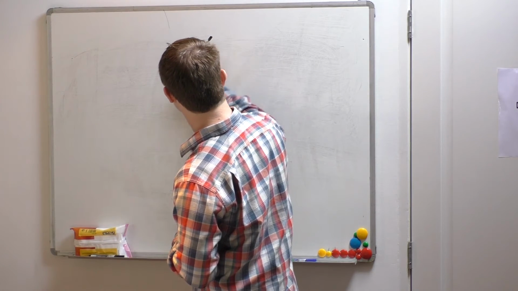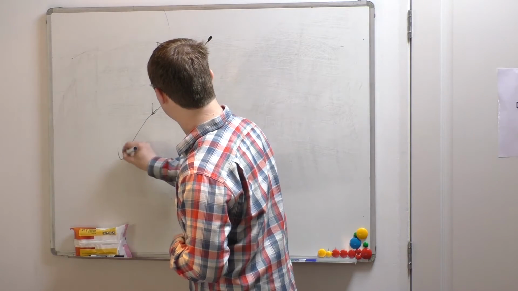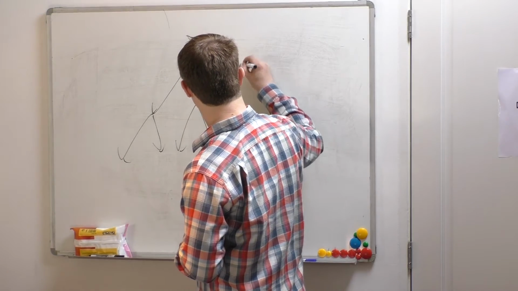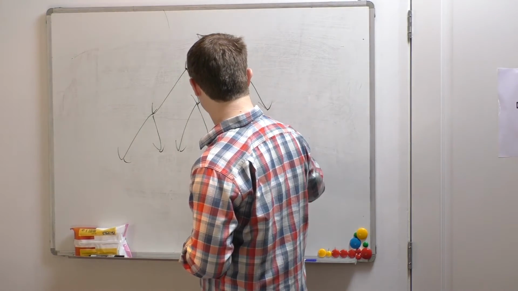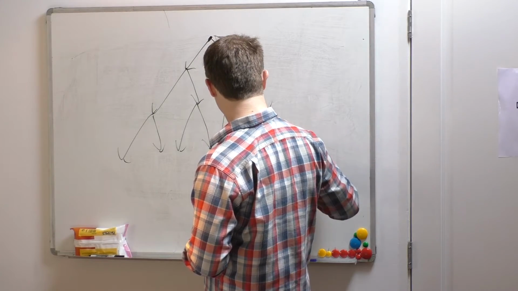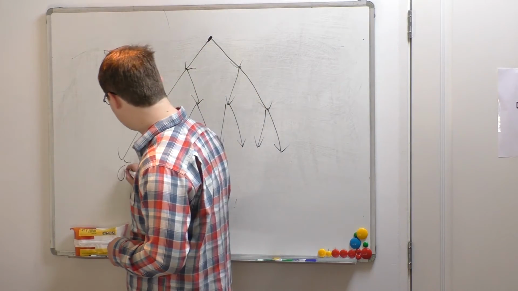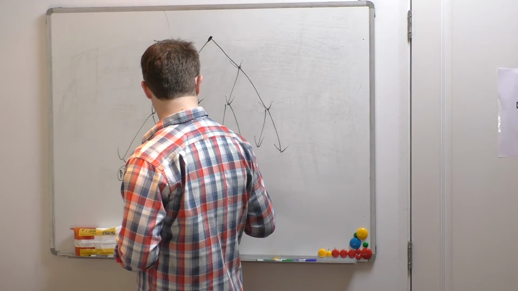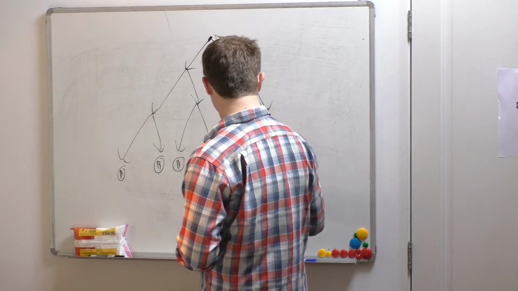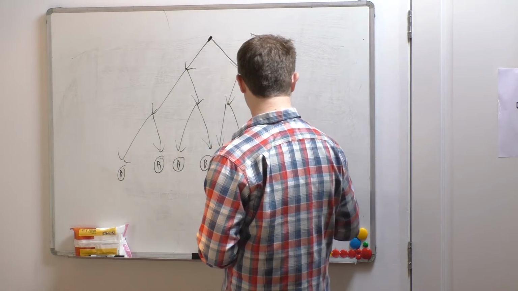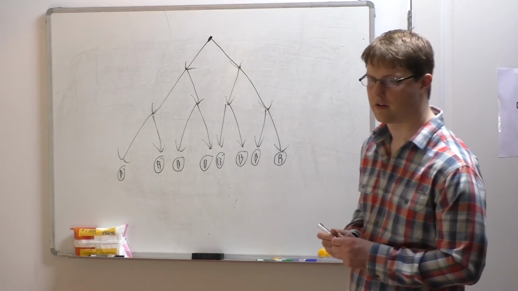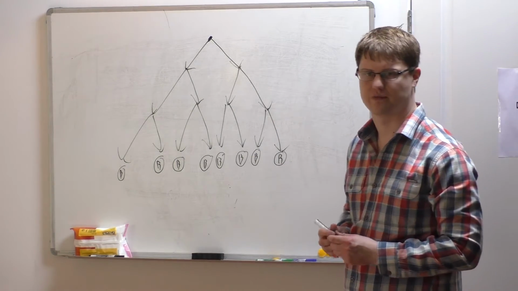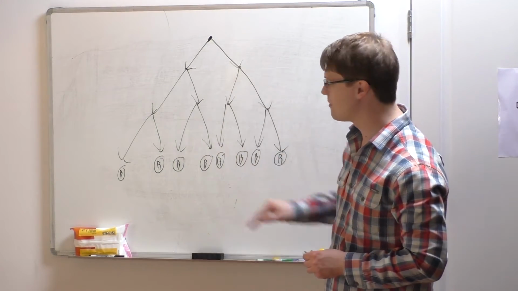So if we imagine a tree, suppose our tree has all the Bitcoins in the world committed to, and a state of them.